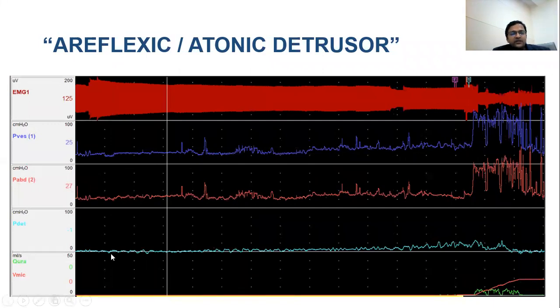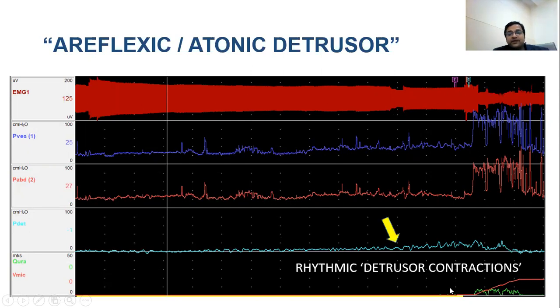Now, this is a third scenario. In this case, you see the detrusor compliance looks normal. However, there is a small rhythmic contraction kind of thing of the detrusor. The patient is voiding by straining, but able to empty the bladder completely. Now, this is a patient with augmentation cystoplasty in neurogenic bladder, and these rhythmic detrusor contractions are actually the small bowel rhythmic contractions.